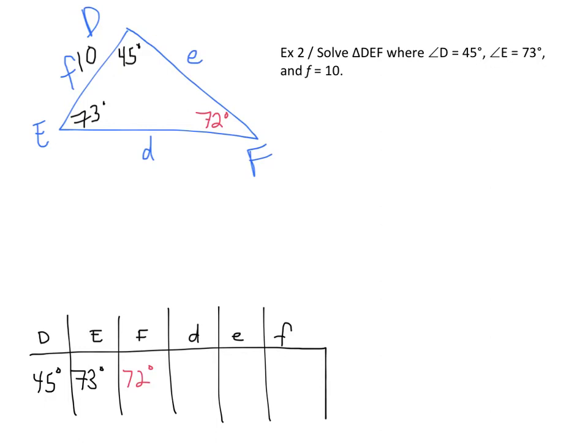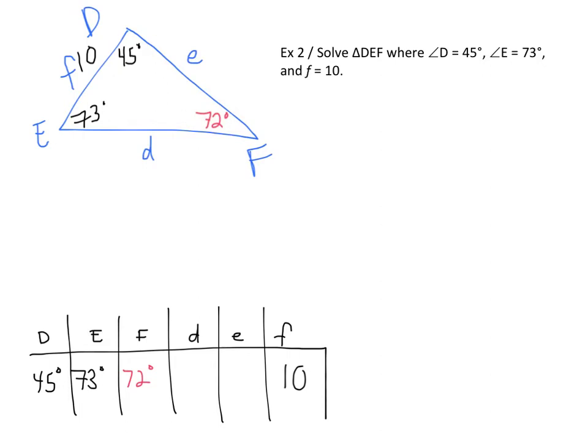Okay, and then we also know that side F is 10 units big. All right, so now you should be happy because now that you figured out that angle, you have an angle and its corresponding side, so now you can really use the law of sines.